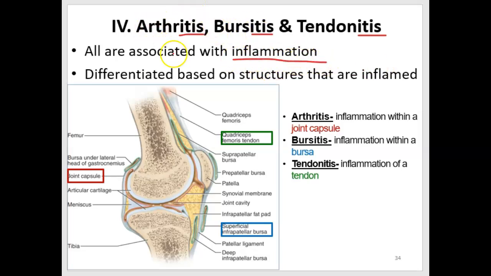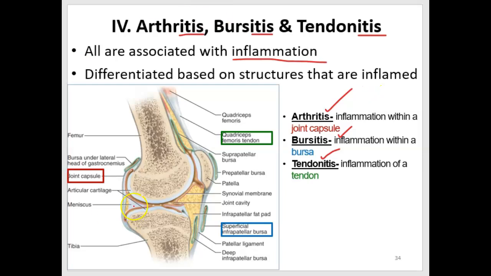So for arthritis, inflammation happens within a joint. Arthro is joint. Bursitis, inflammation happens within a bursa. And I have this written down over here. Tendonitis happens so that there's inflammation in the tendon. So the difference in all of these is just based on what structure is inflamed.